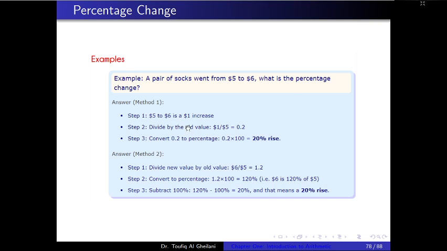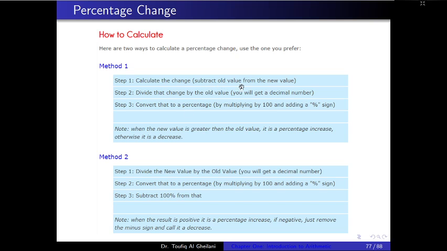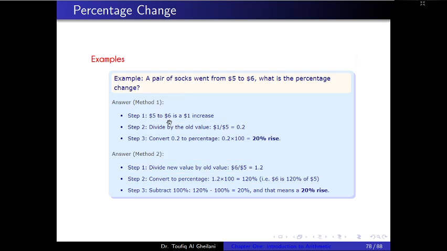Here we subtract the old value from the new value, so 6 minus 5, a $1 increase. Divide by the old value: 1 over the old value 5 is equal to 0.2. Convert 0.2 to a percentage by multiplying by 100, which gives us 20. Then we add the percent sign, so that means a 20% raise.